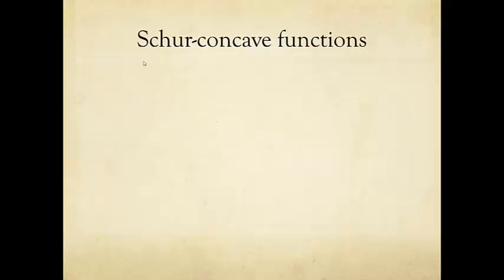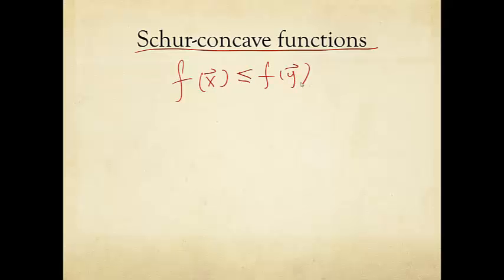And indeed, here's something called Schur concave function. It has nothing to do with the concave function that we've been talking about in convex optimization. Schur concavity says that we say a function is Schur concave if its value acting on vector x is always less than or equal to acting on vector y, for any vector x that's majorized by vector y.